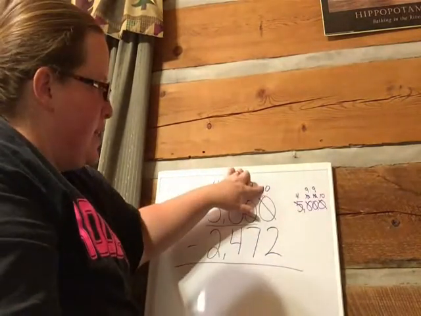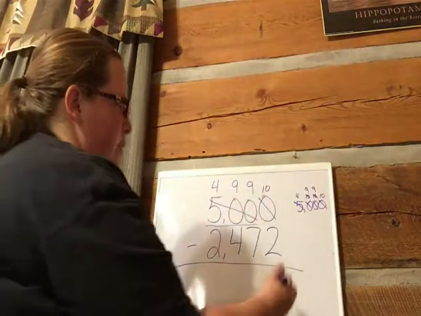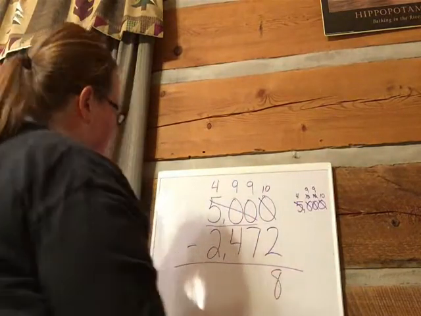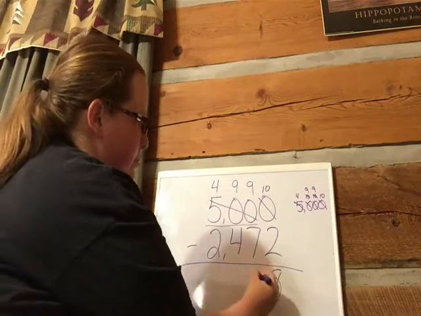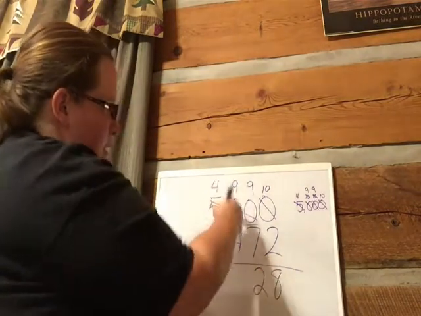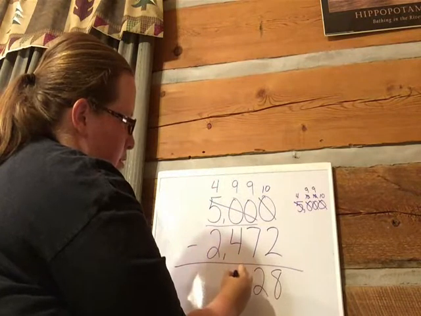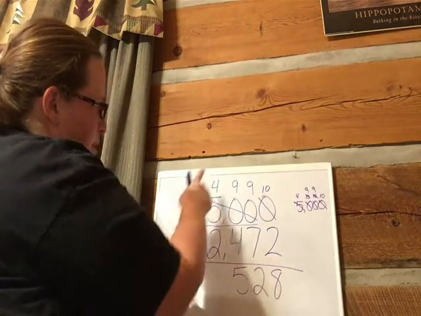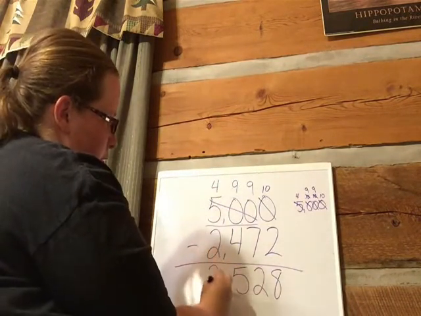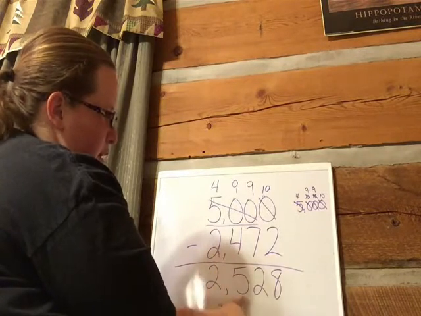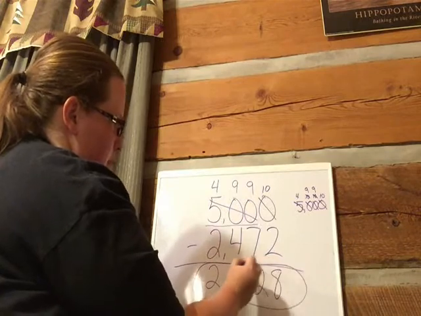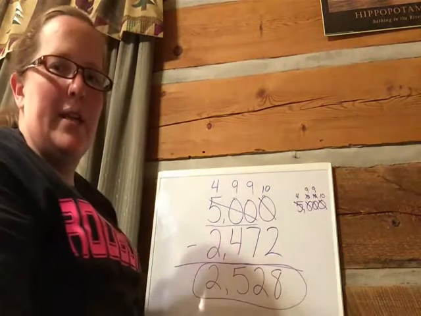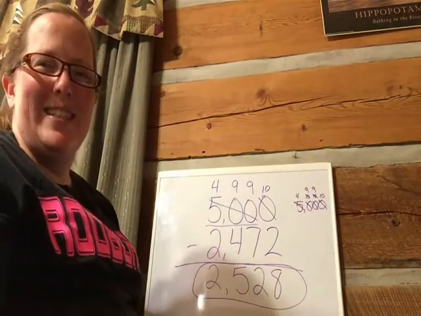We should be able to now. 10 minus 2, 8. 9 minus 7, 2. 9 minus 4, 5. 4 minus 2, 2. So you have 2,528. Okay, and again, circle your answers, please.